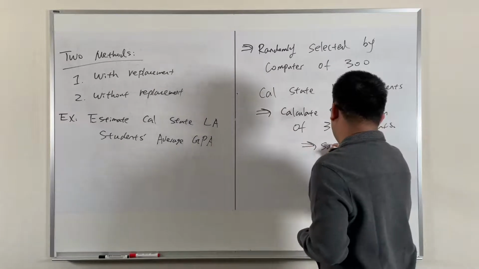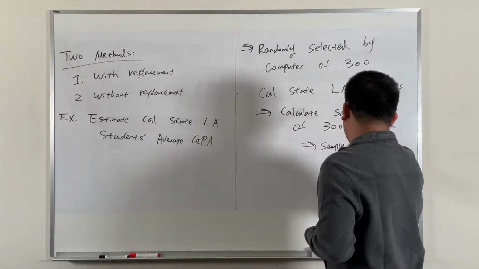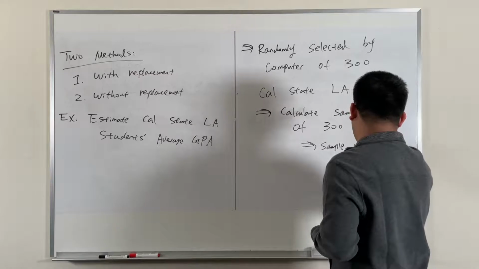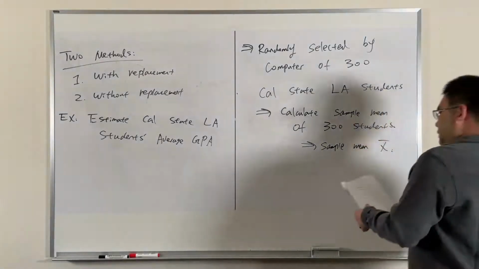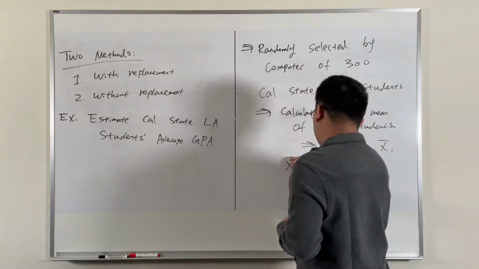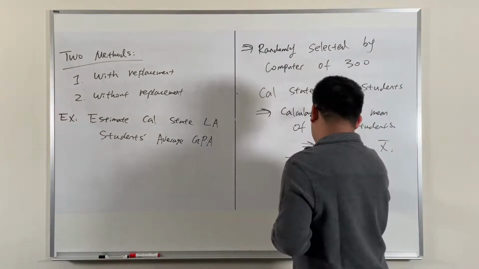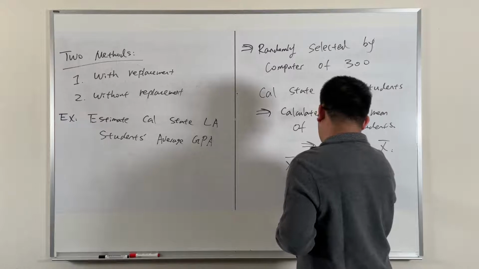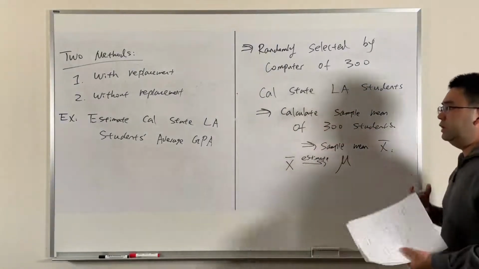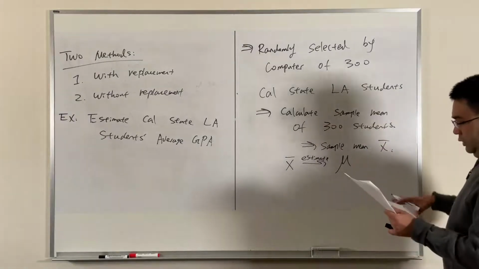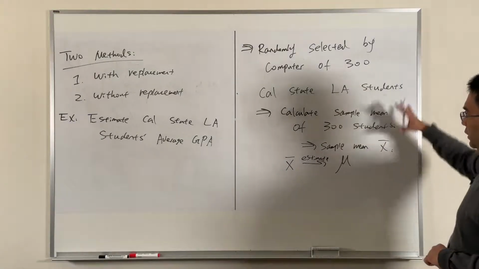So we have our sample mean, X bar here. Okay, and then we're going to use this X bar to estimate our population mean, which is the Cal State students' average GPA. Okay, so this is what we're going to do here.